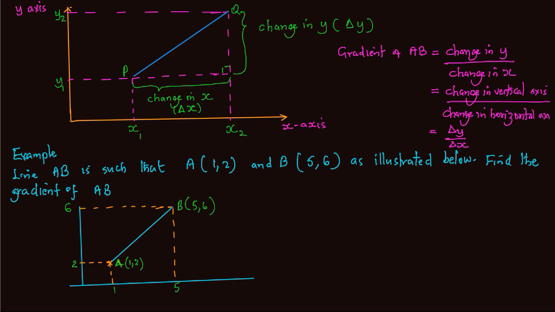So in our example, considering line AB, the x value changes from x1 to x2. Similarly, along the y-axis, the y value changes from y1 to y2.